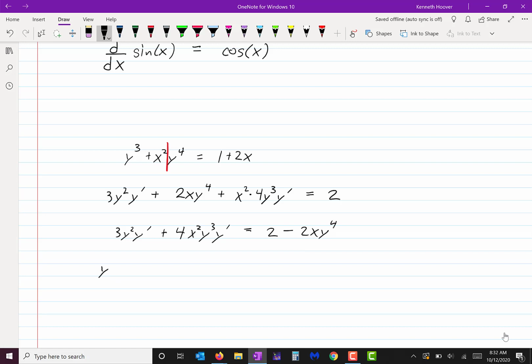Factor out the y primes. And divide both sides by the quantity in parentheses. And then we'll be done. Oops, that should be not y squared, it should be y cubed. And there's our answer. That's what y prime equals.